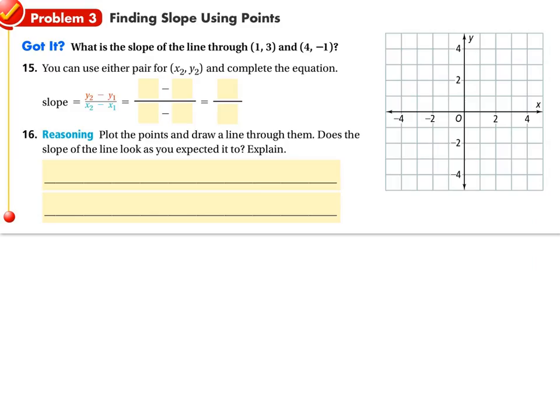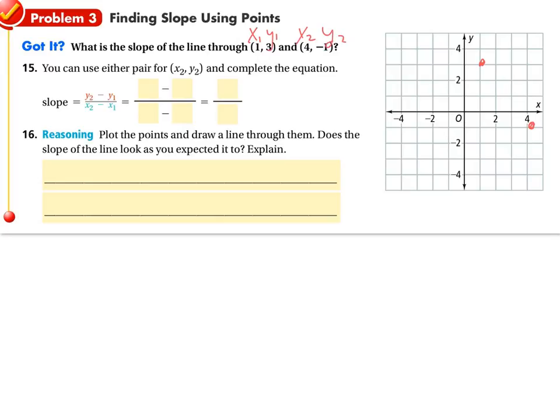Using that information, can we solve some problems? Well, in this case, we want to find the slope of the line through (1, 3) and (4, -1). And we could plot these 2 points and do our run and our rise over run, or we can use our formula, which is what we're going to do. So label these x sub 1, y sub 1, x sub 2, y sub 2.